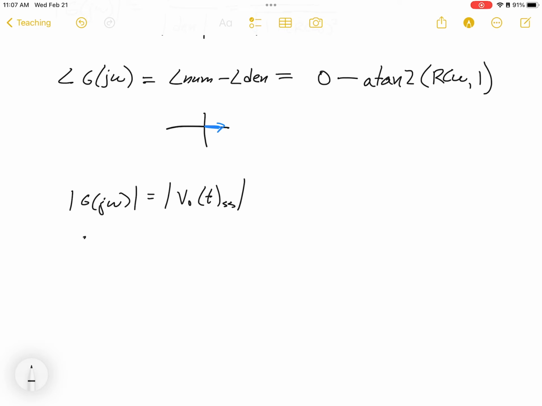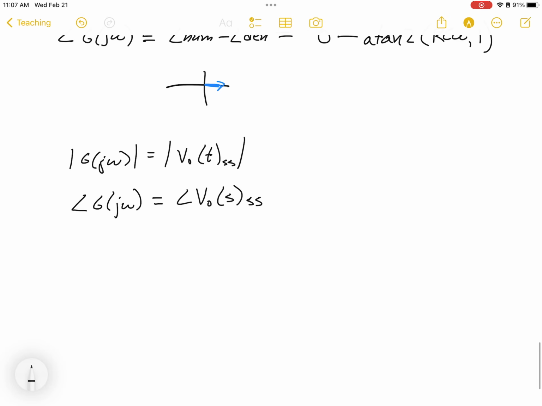And similarly, the phase of G of J omega is equal to the phase offset of that steady state response as well. So we've written before that the steady state is going to equal some B times sine of omega t plus theta plus phi.